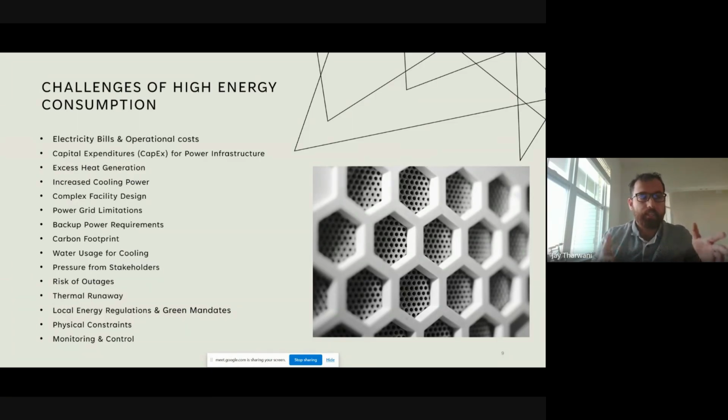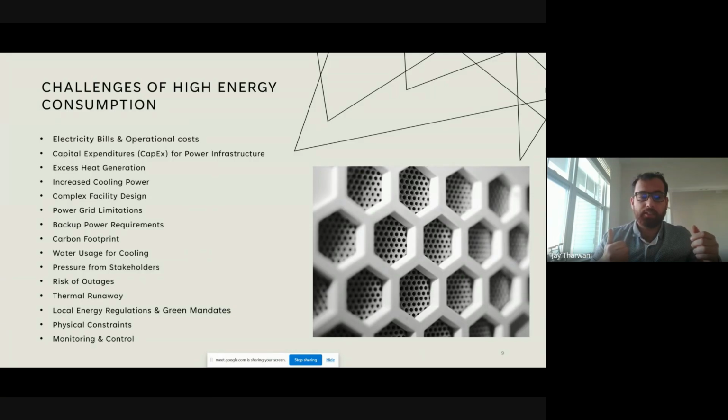So when I showed you the picture of a server farm, right? If they are not designed in a proper manner, there can be a lot of thermal runaway problems, right? They need to be designed very well so that they do not dissipate as much heat which is uncontrollable, right?